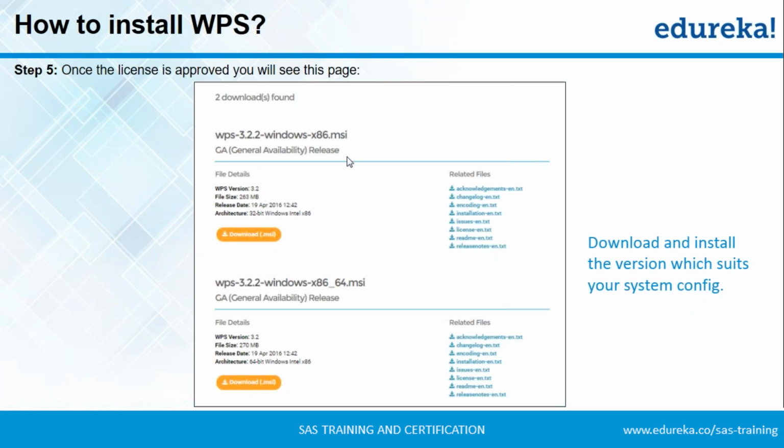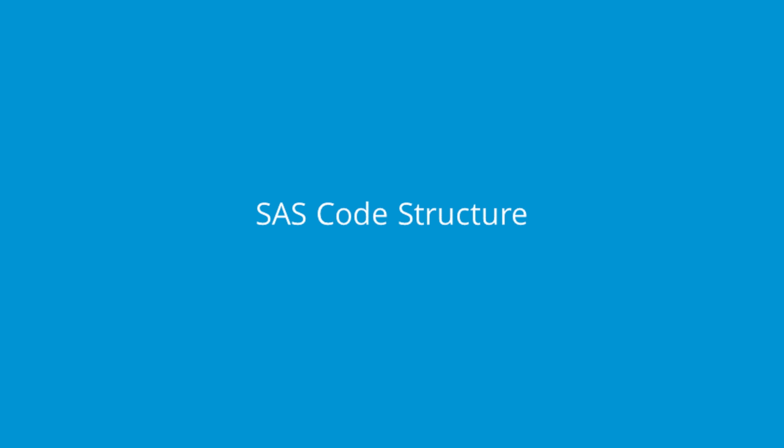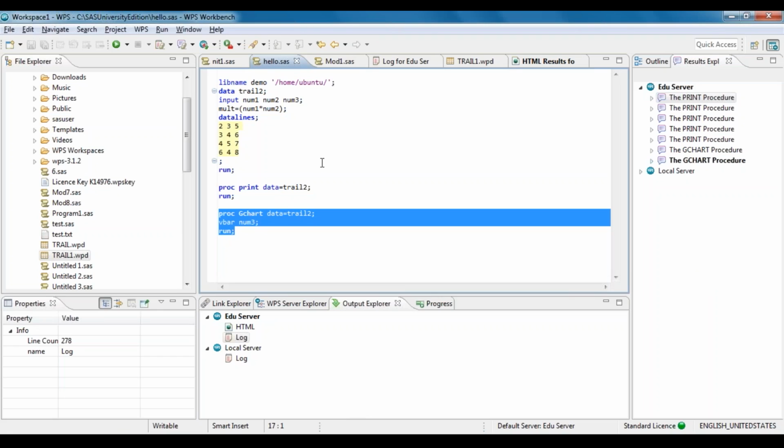And then according to your architecture, if it's 32-bit, you will go with x86, and if it's 64-bit, you will go for 64-bit, right? So you can install your version here, and once it does, you are done, you are set, right? So let me show you the WPS interface as well. So this is how your WPS interface actually looks.